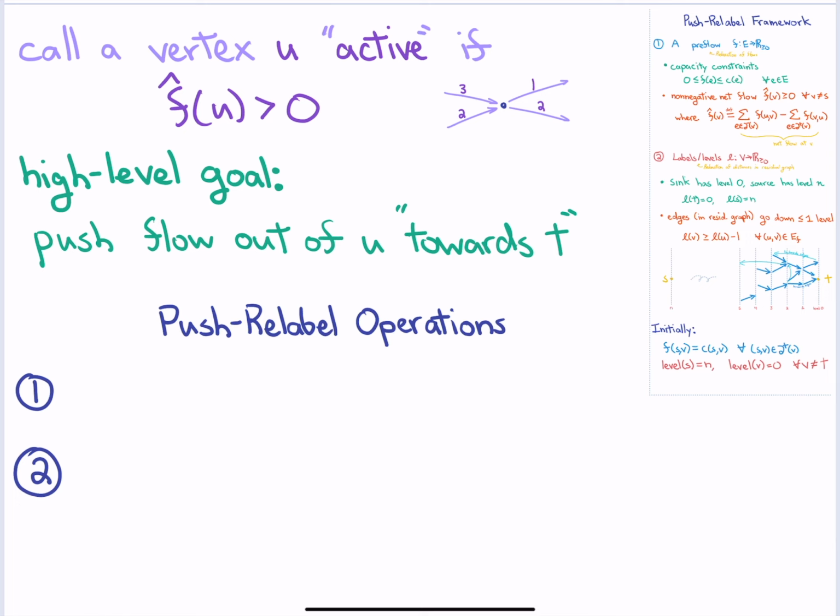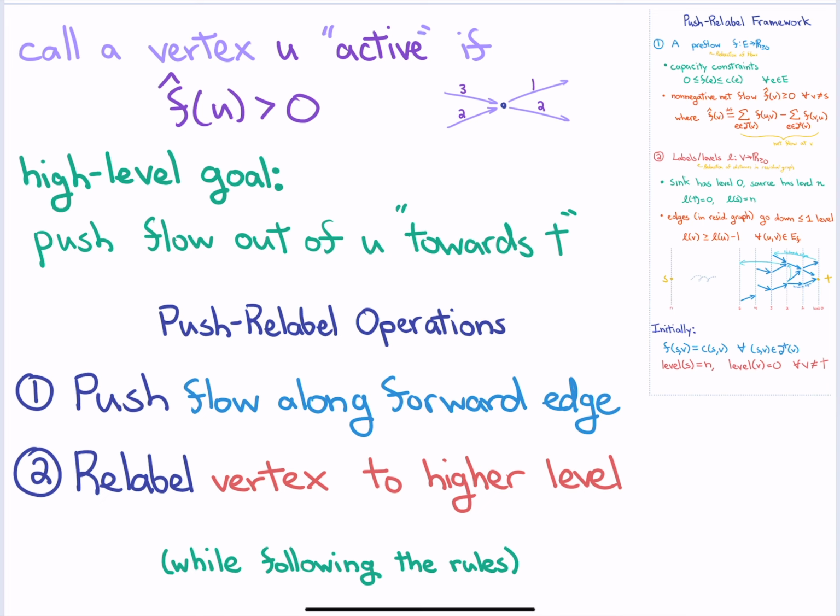So, with all those rules in place, some of which I've copied in the top right corner, the algorithm will ultimately only do one of two things in every iteration. Each iteration will choose an active vertex, some vertex that has too much flow, and it'll do one of two things. It will push flow along a forward edge.